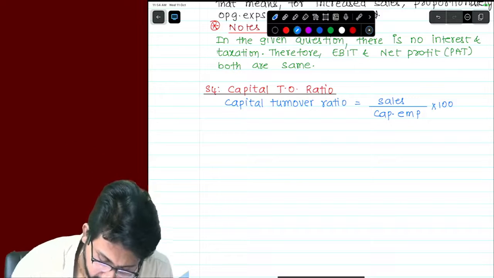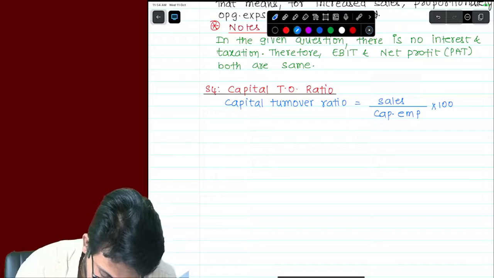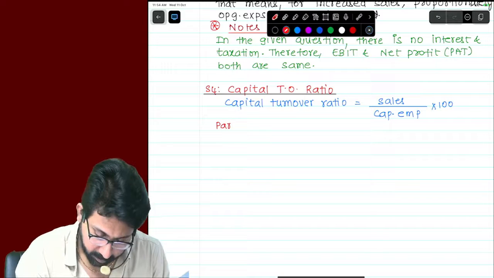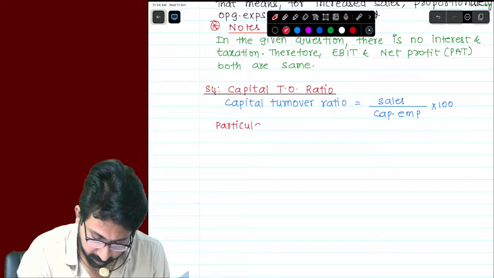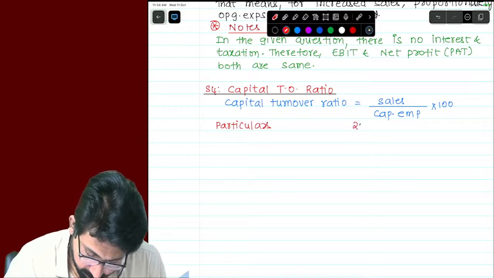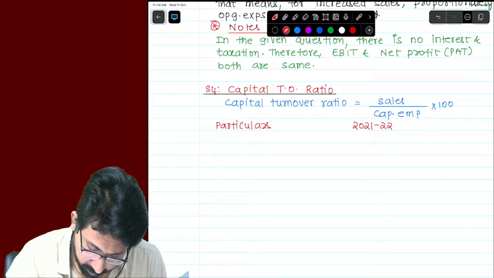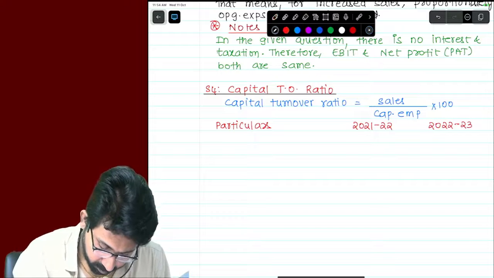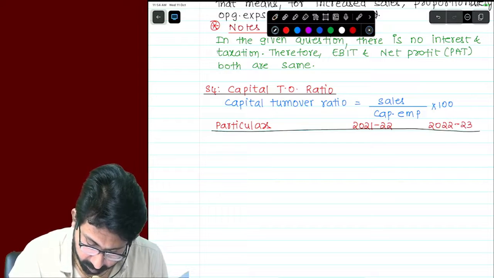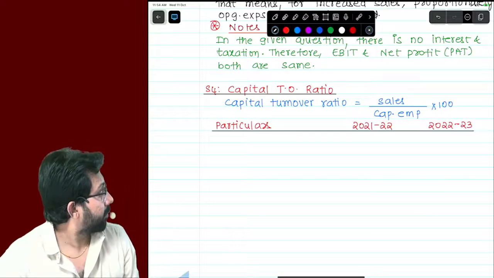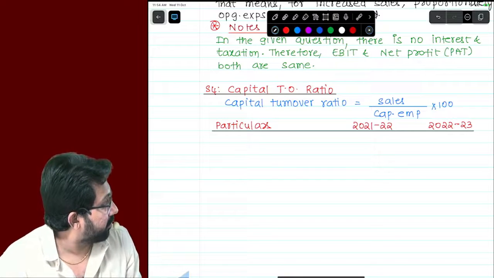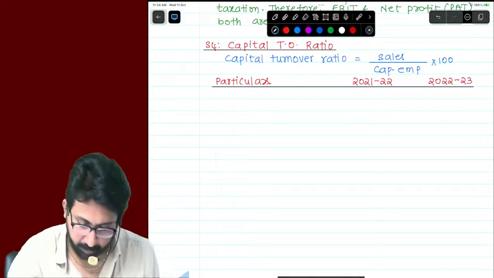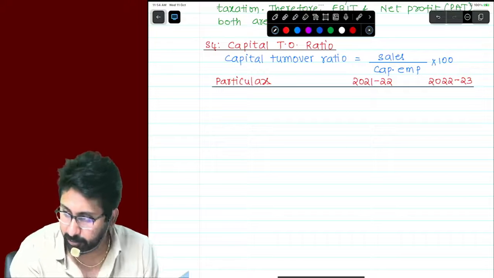Write down the proforma clearly. Particulars: 21 and 22, 22 and 23. Okay, capital turnover ratio.